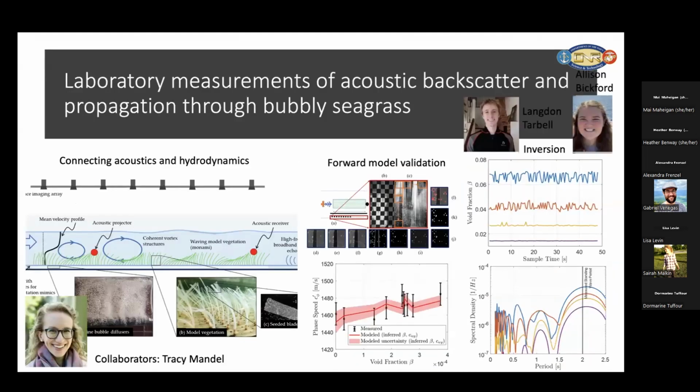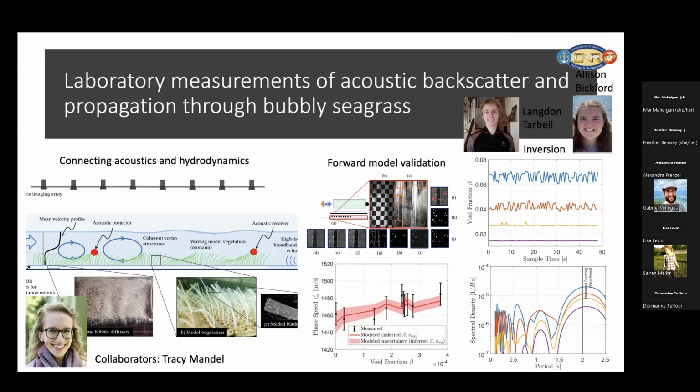So I do work in seagrasses as well, in the lab and in the field. This is a project we have in the lab where I'm working with a fluid dynamicist and we're imparting monami, this sort of turbulent structure that occurs on top of wheat fields and seagrasses. We're trying to correlate the acoustic field with the surface expression of the water. There's my master's student, Langdon, and Allison.